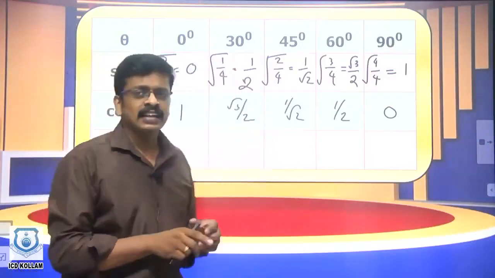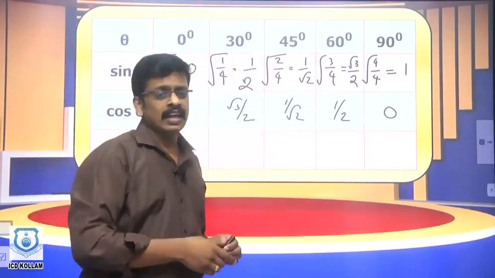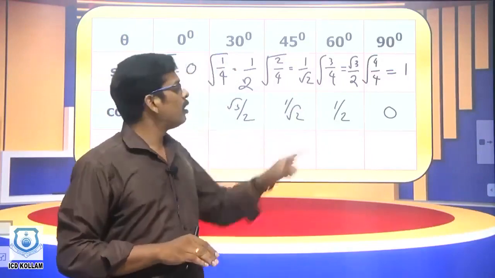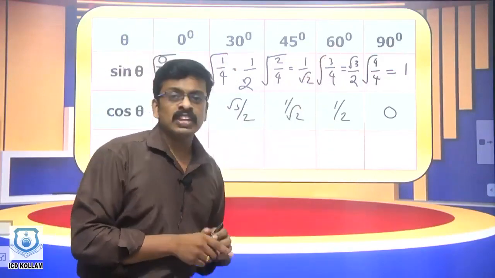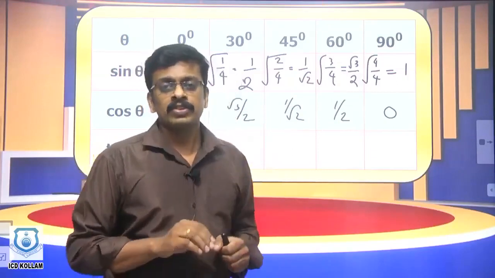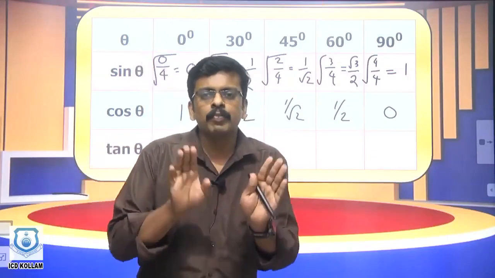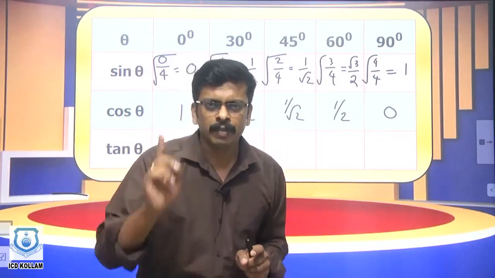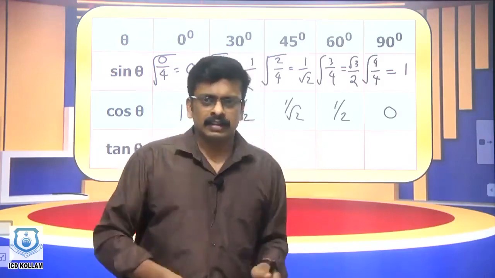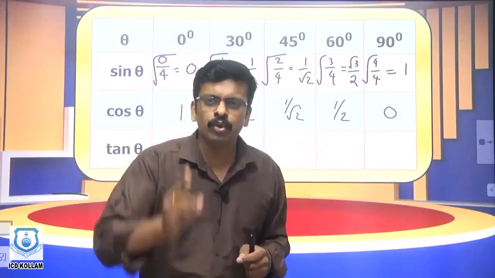For sine it is 30, 45, 60, but for cos it is the same values in the order 60, 45, 30. So the only thing you need to learn by heart is 1 by 2, 1 by root 2, root 3 by 2.